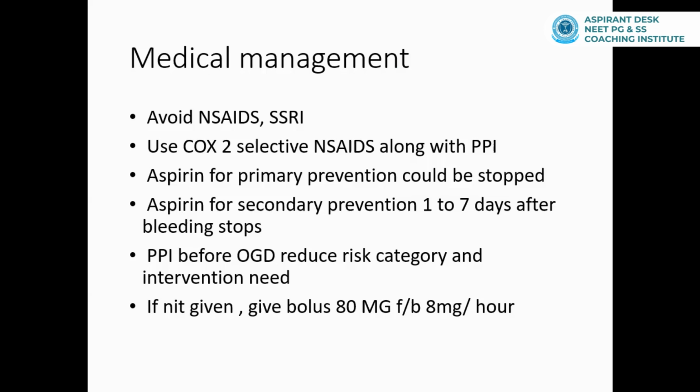But in case of secondary prevention, where they are using aspirin on the cardiac side, then we should restart aspirin 1 to 7 days after bleeding stops. Okay. Then proton pump inhibitors before OGD actually reduce the risk category and intervention need. So if not given before OGD, we should give a bolus of 80 mg followed by 8 mg per hour.